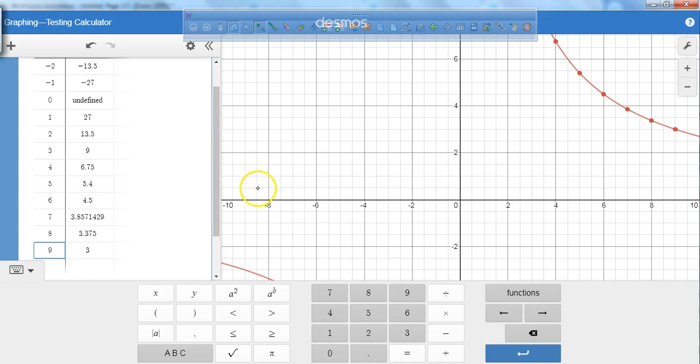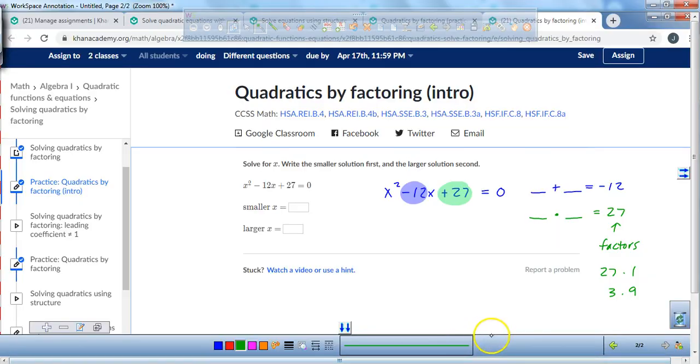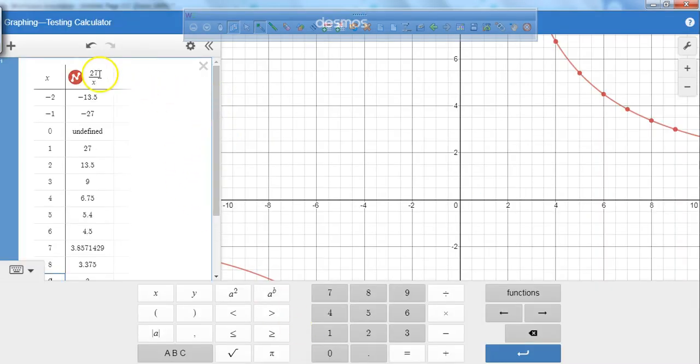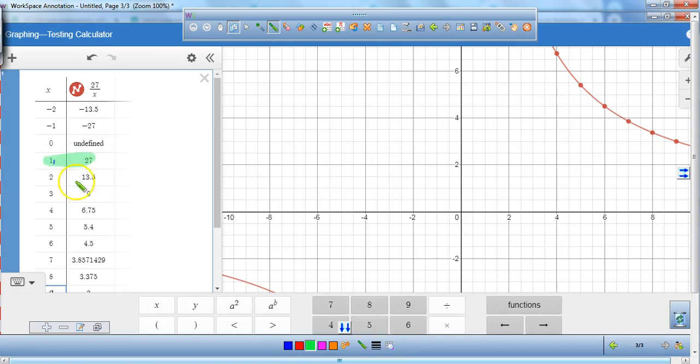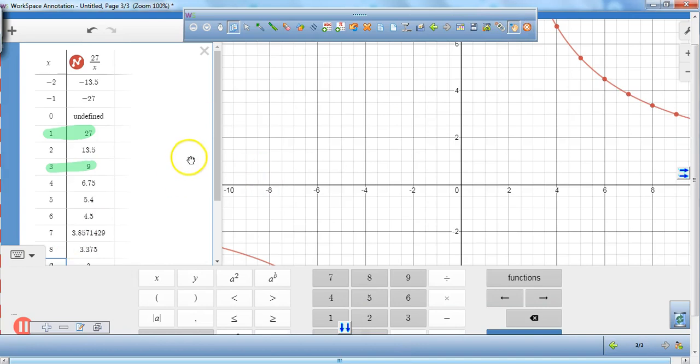The only numbers that are factors are numbers that are actually integers, like this 3 and 9 and 1 and 27. You'll notice all the others have decimals, so those aren't considered to be integer factors. So just 3 times 9 and 1 times 27. Those are the only ones that will work. So once again, just type in whatever the number is, divide it by x, and search for numbers like these, which are integers. And those are the only ones that are actually factors.